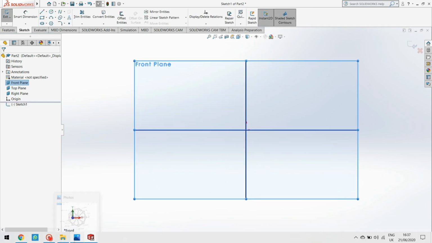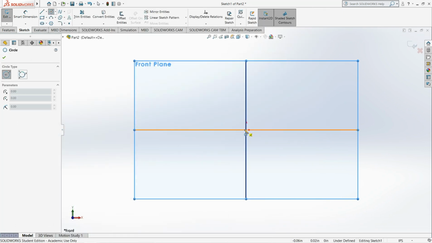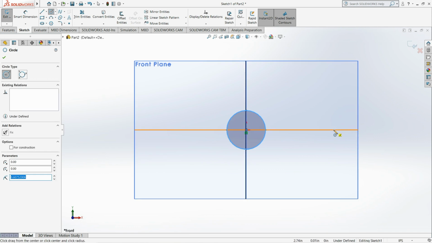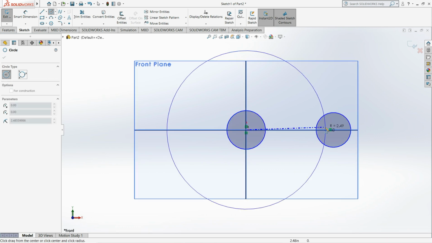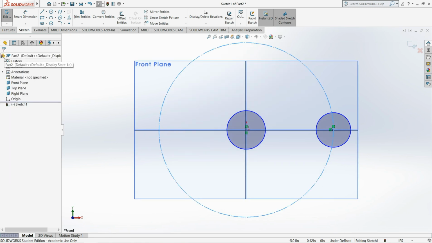Now I'll do the sketch. So at first I will make these circles and the circles for the construction. At first I will draw arbitrary circles and then I will give the dimensions.